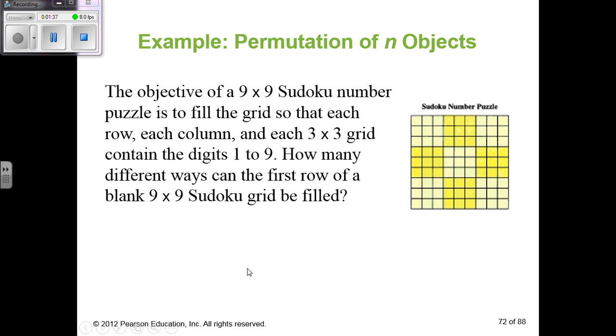Now here's an example of how we might use permutations. In a Sudoku puzzle, we have the numbers 1 through 9 represented only one time in each row and in each column. So how many different ways can we arrange the first row in a Sudoku grid? Now it could be 1, 2, 3, 4, 5, 6, 7, 8, 9, or many other orderings.